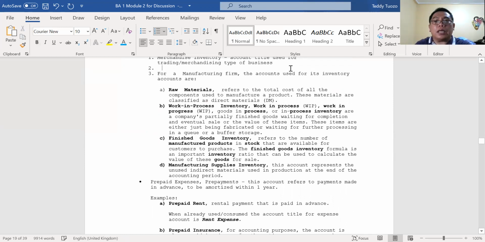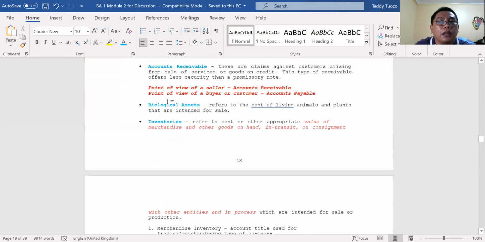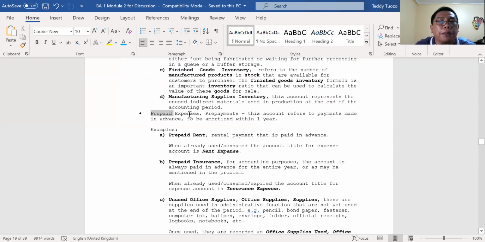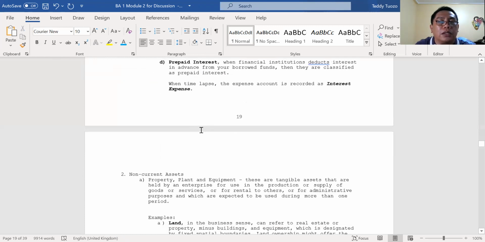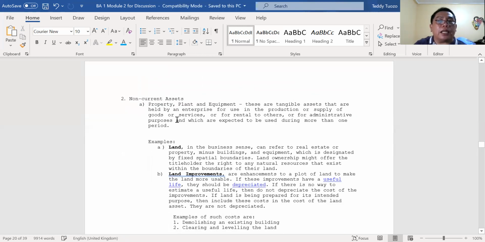So under inventories, there are several kinds. After inventories, the prepayments or the prepaid expenses account. Okay, so that's it. Those accounts are under current assets.